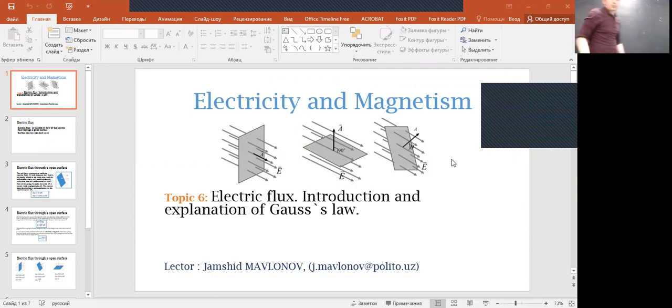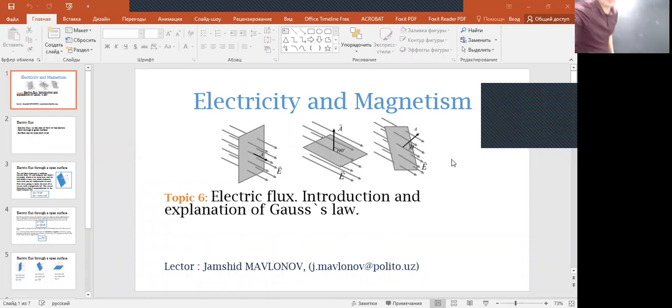Okay, let's start. So today we are going to speak about the electric flux and an introduction and explanation of the Gauss law. Last lesson we solved a problem about the electric field, right?